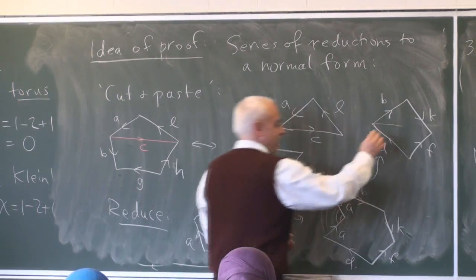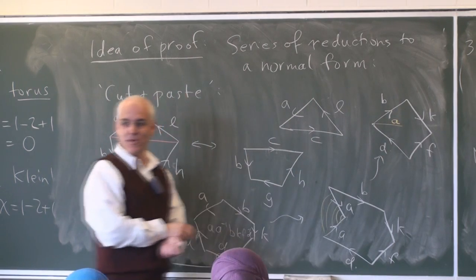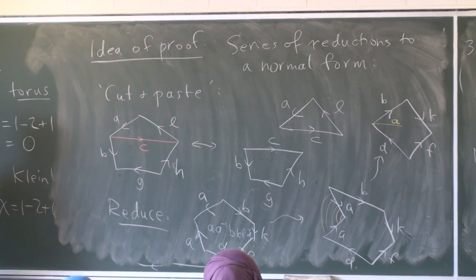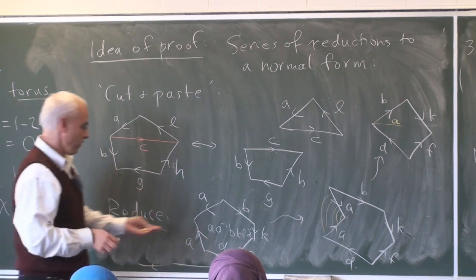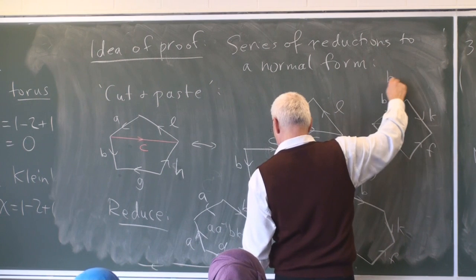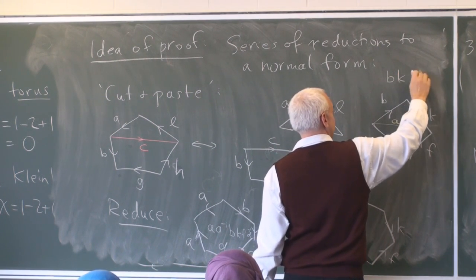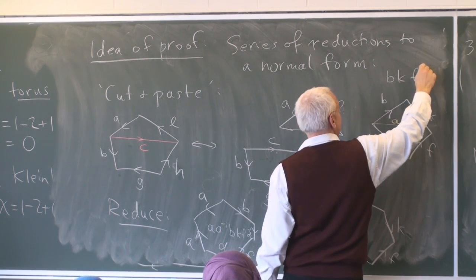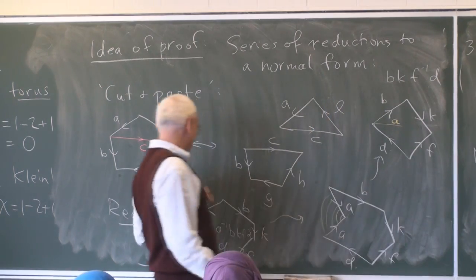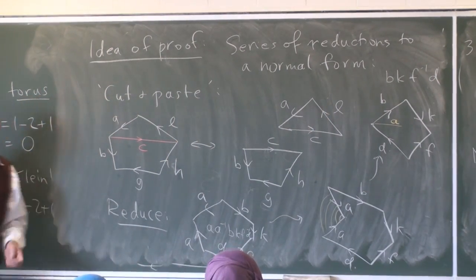That was what used to be the edge A. It's now been glued together. So the word of this would just be B, K, F inverse D. Just what you get from taking this word and just getting rid of the A and A inverse.